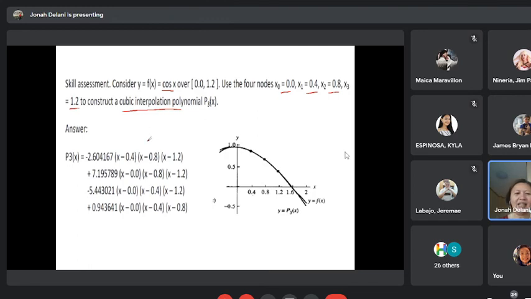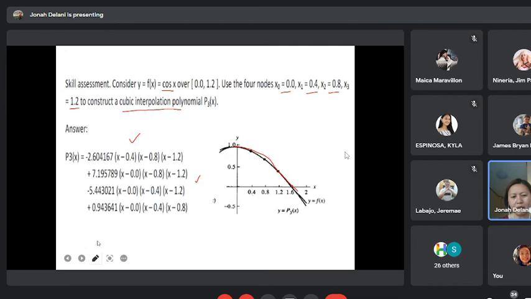Nanang answer ha. I'm assuming you would understand ganong na you already know how that answer is generated. So if the cubic interpolation polynomial is constructed, the curve of this polynomial would somehow follow the cosine x curve, right?